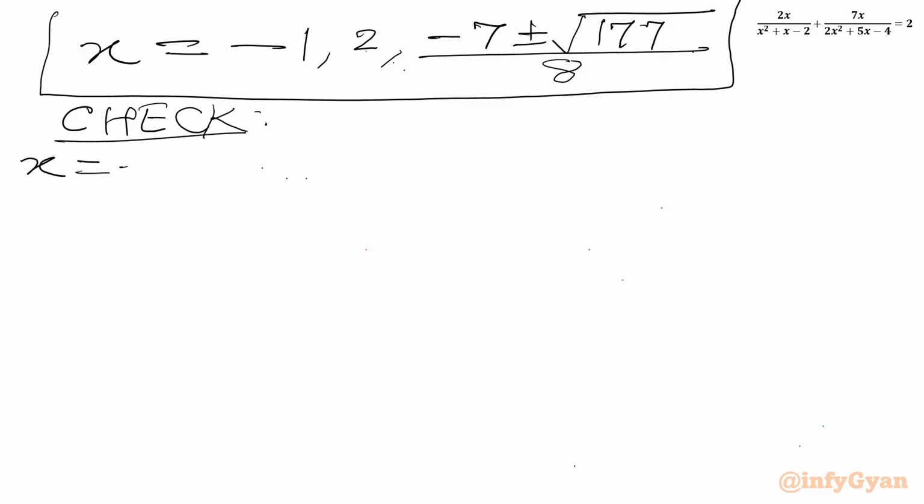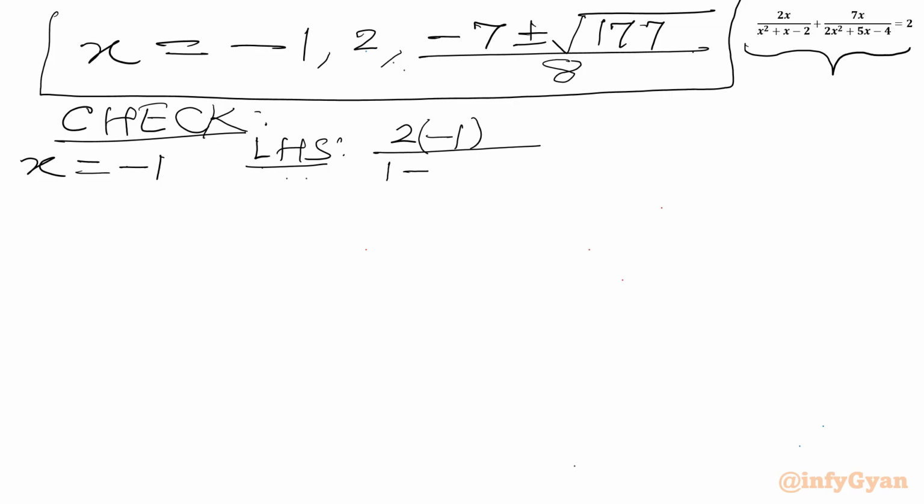x equal to -1. The equation is here, so I will write LHS: 2 times x, so 2 times -1, over x squared plus x, means -1 squared is 1, minus 1, plus 7 times x, so 7 times -1, over 2x squared plus 5x, so 2 plus 5x, minus 5, minus 4.